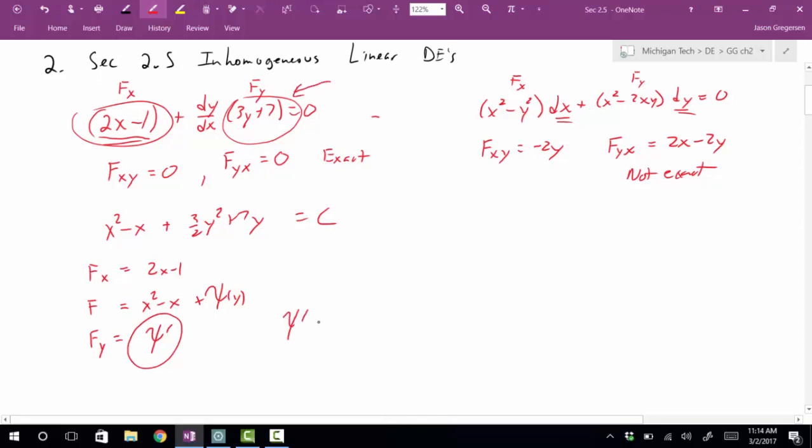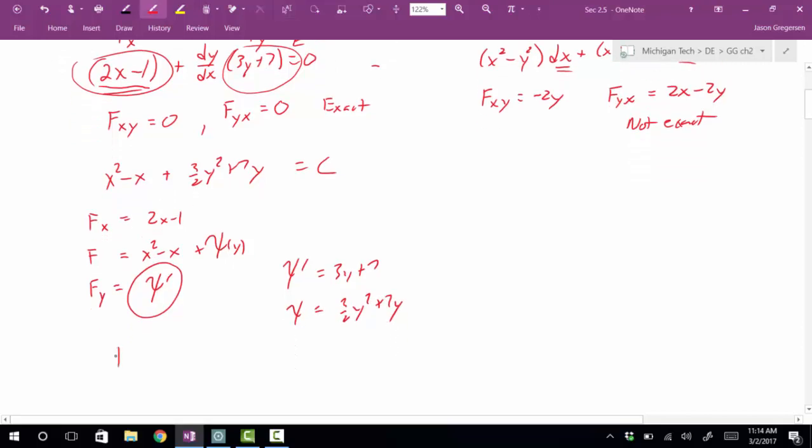I get psi prime is equal to 3y plus 7, which means psi would be equal to 3 halves y squared plus 7y. So my f then would be x squared minus x plus that psi of y, 3 halves y squared plus 7y. And my solution is not that. My solution is that thing equals constant.